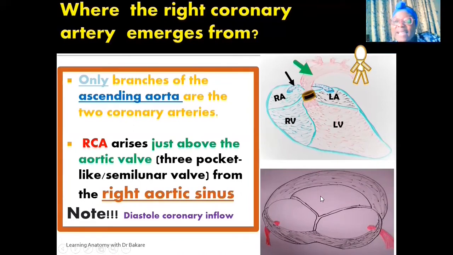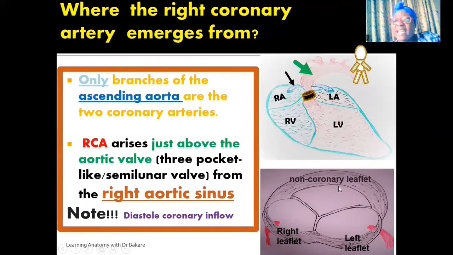So this is the kind of presentation that we'll be seeing. Three pocket-like or semilunar valves, and this is what is seen in this image. They have the right leaflet, the left leaflet, and the non-coronary leaflet. We would be able to establish why this is called the non-coronary leaflet during the course of this lecture. So there are three leaflets, and that is why they are called three semilunar valves.